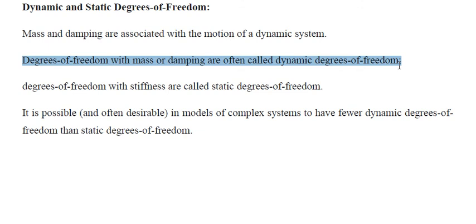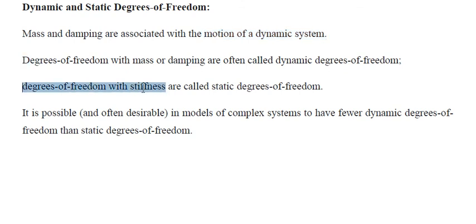In dynamic analysis, degrees of freedom with mass or damping are associated with dynamic degrees of freedom. Okay, both are associated with motion of a dynamic system. Degrees of freedom with stiffness are called static degrees of freedom. If I consider only stiffness, it is static degrees of freedom.